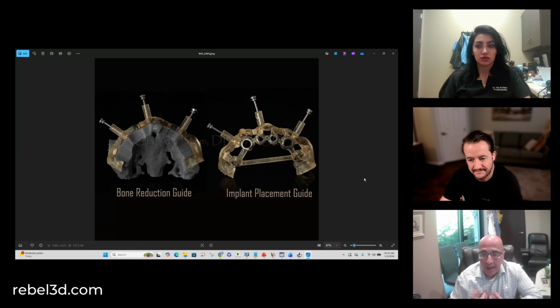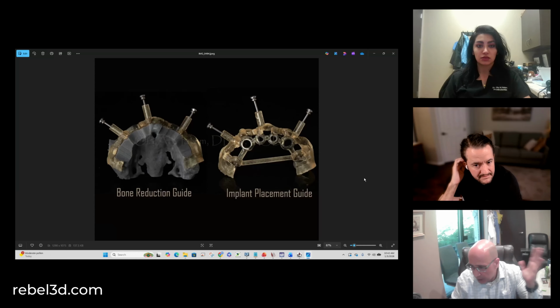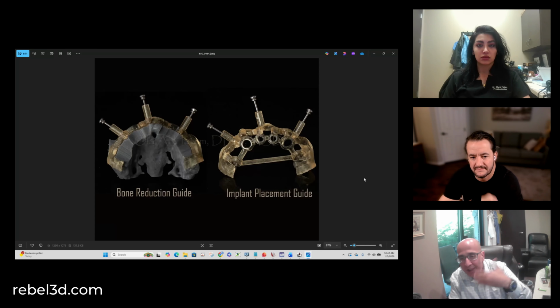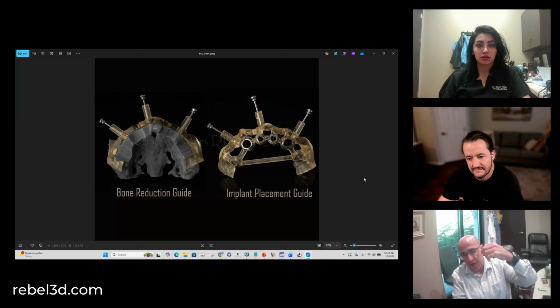Right. This can work with some clinicians that do maybe one every 2-3 weeks or so. But for us, doing this almost on a daily basis, I don't have the time to keep doing all this preparation of guides and printing a lot of times.